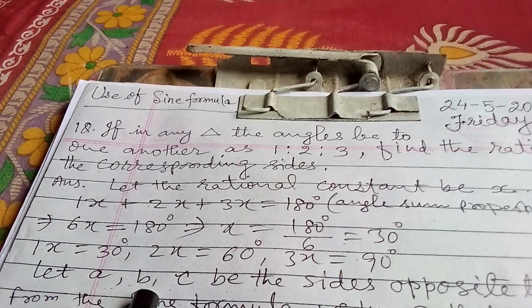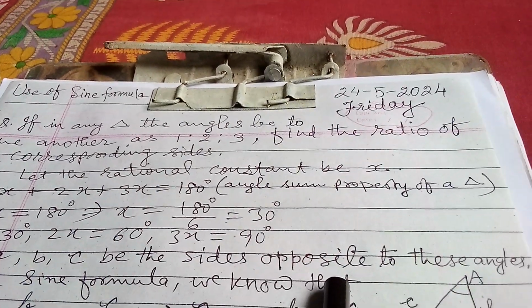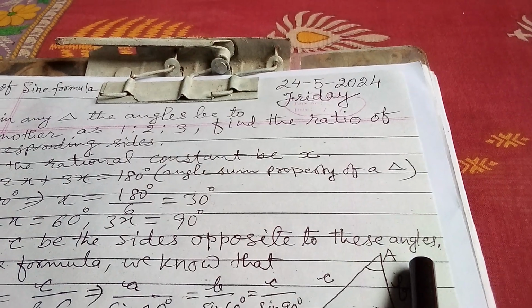Now let a, b, c be the sides opposite to these angles.